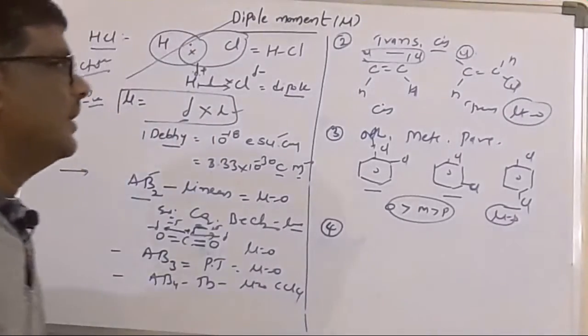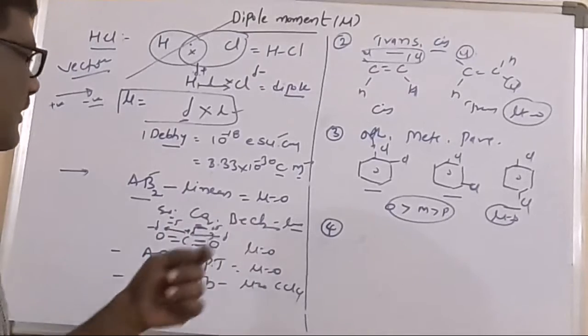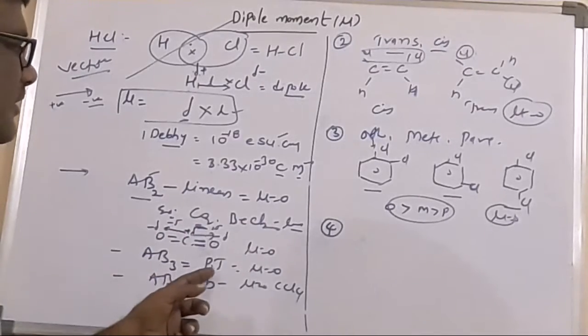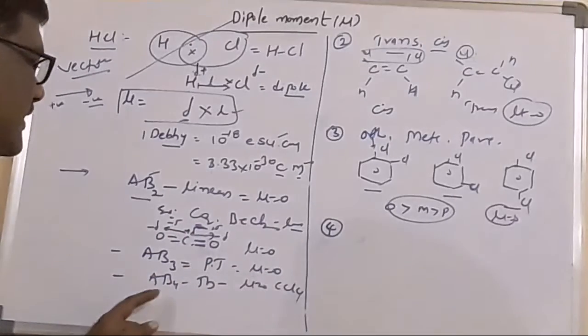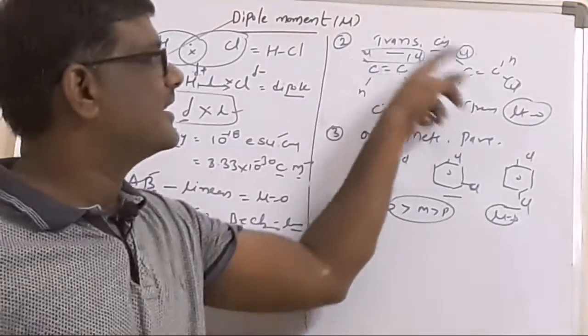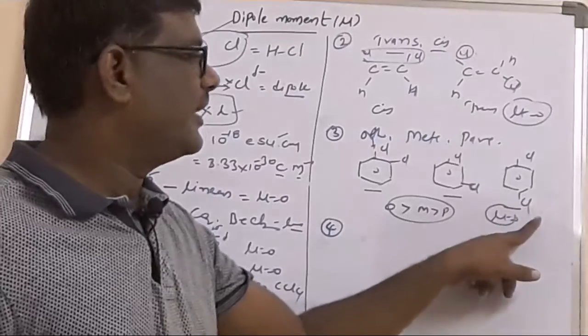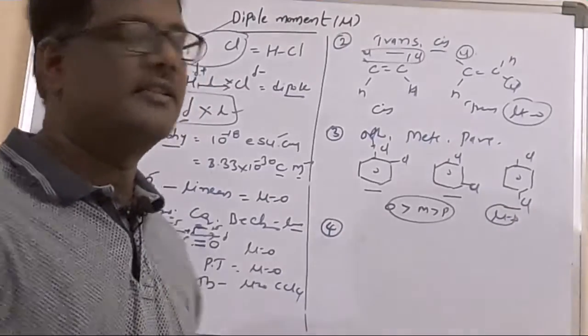And the fourth one: an AB2 linear molecule has mu equal to 0, an AB3 planar triangle has mu equal to 0, an AB4 tetrahedral has mu equal to 0, cis and trans have 0, and for ortho, meta, para, para has mu equal to 0.